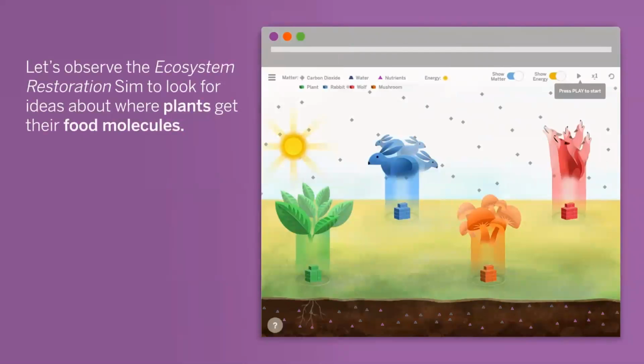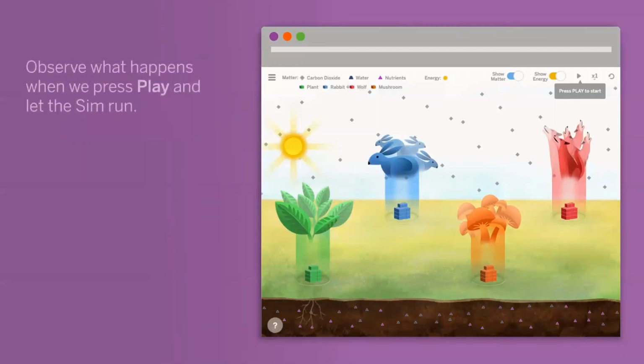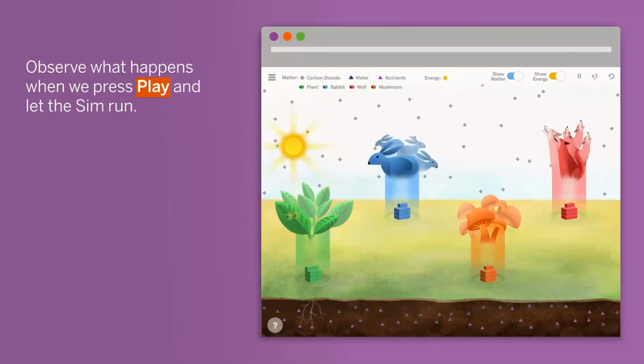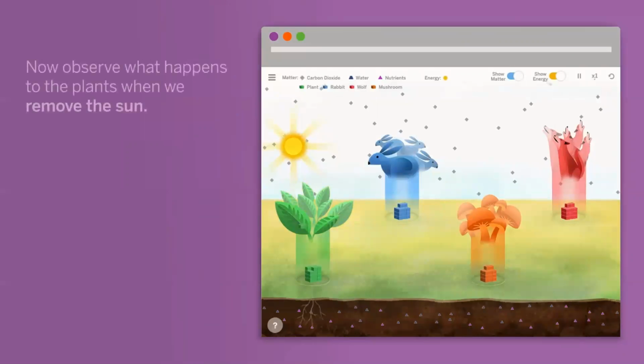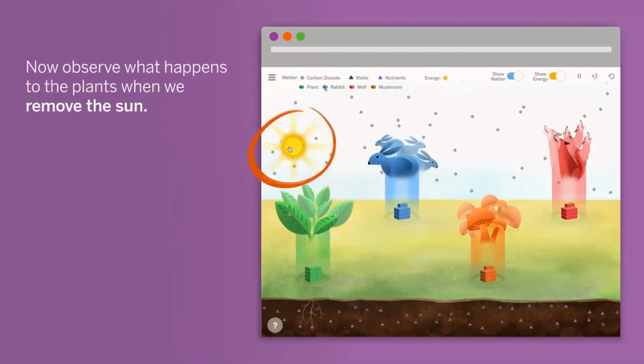Let's observe the ecosystem restoration sim to look for ideas about where plants get their food molecules. Observe what happens when we press play and let the sim run. Now observe what happens to the plants when we remove the sun.